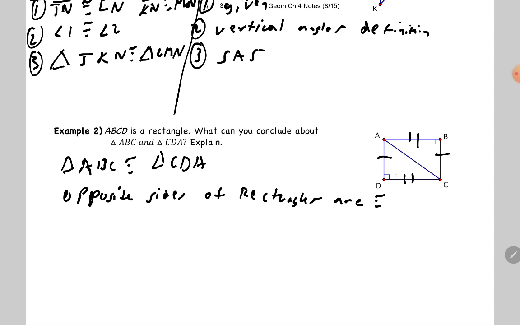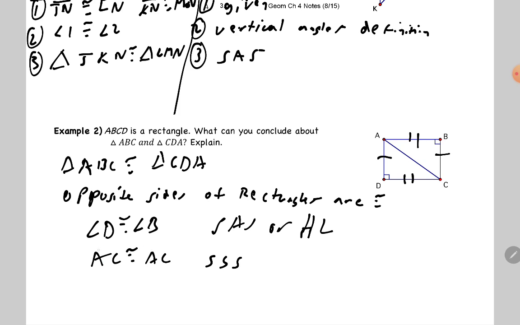And we know that the four corner angles are right angles. But in this case, all we need is the right angle there, so angle D is congruent to angle B. You can use SAS or you can use the HL postulate, either one, because these are right triangles. We can even use SSS because AC is congruent to AC. So that's all three pieces there.